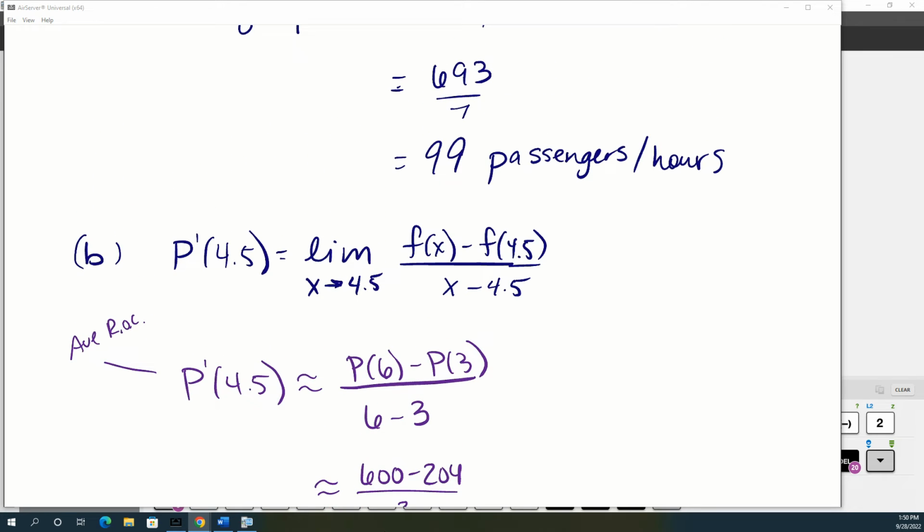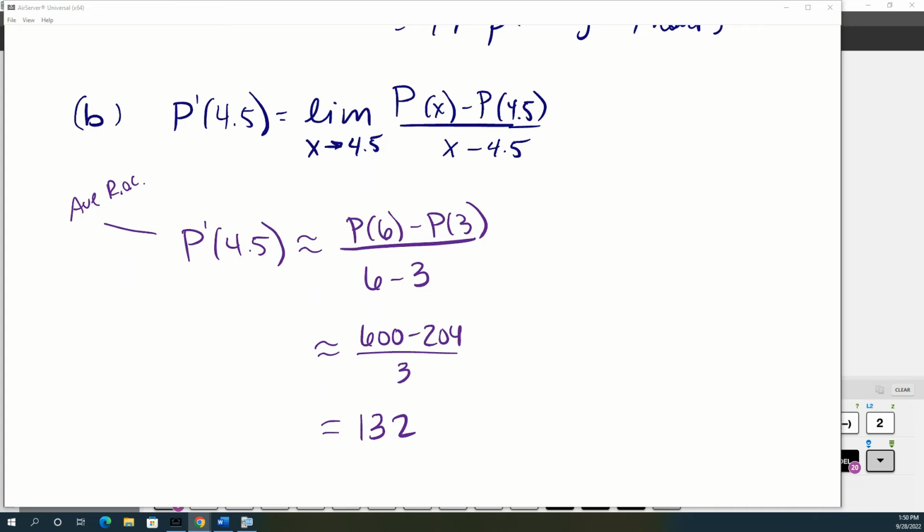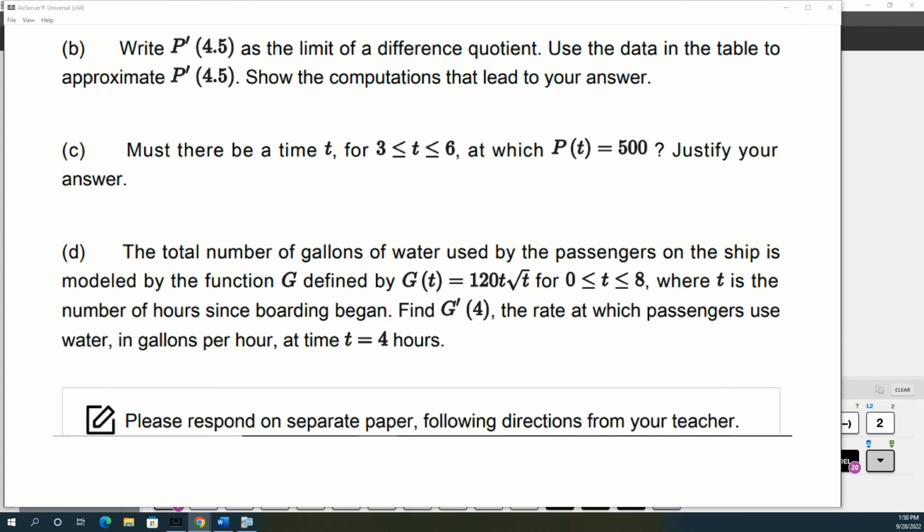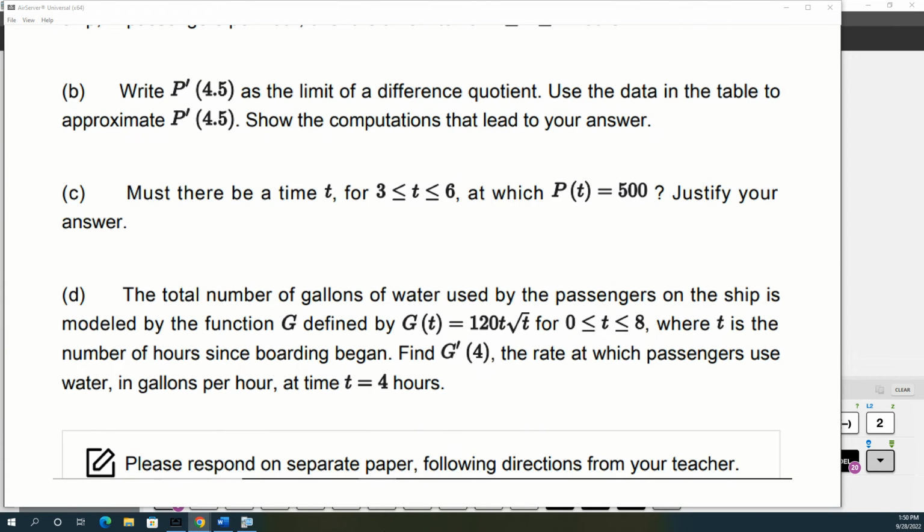Now what I did wrong is on this one, I used F. It is important that you use really what the function is called. Okay, so that is it. Let me see if there's anything else. Okay, I think that's it.